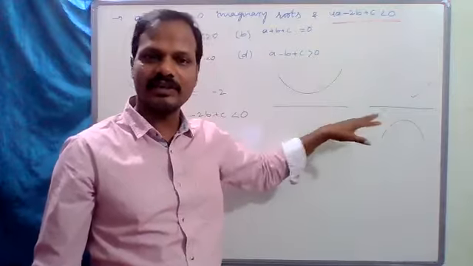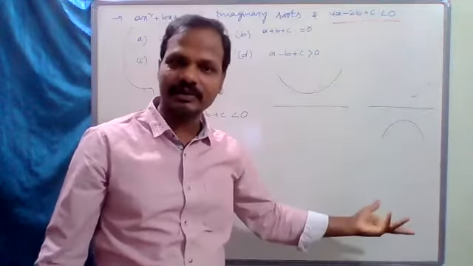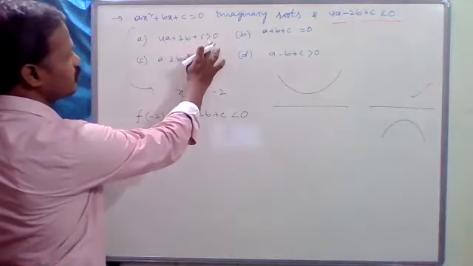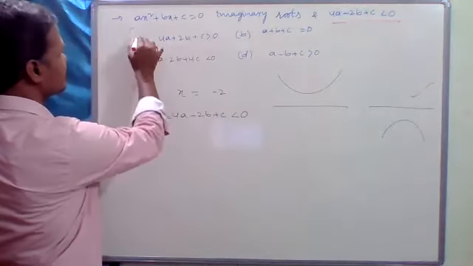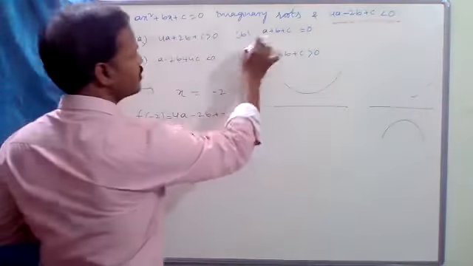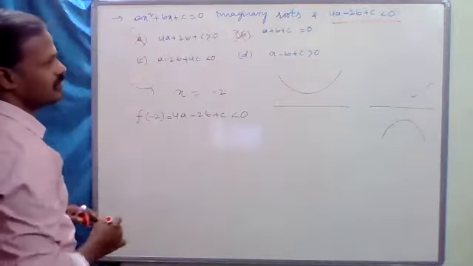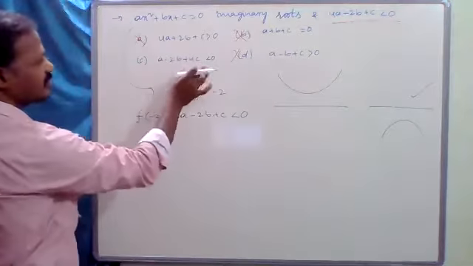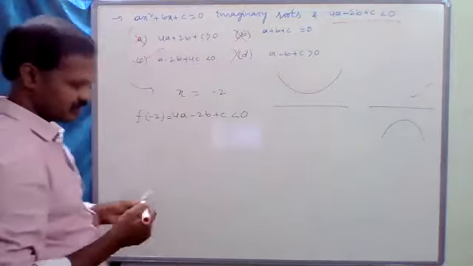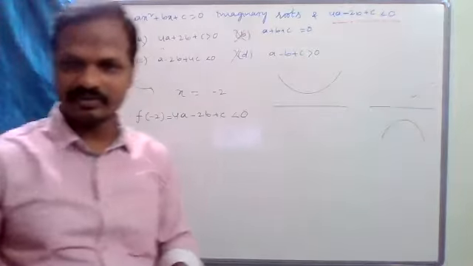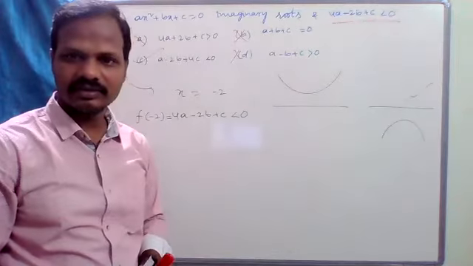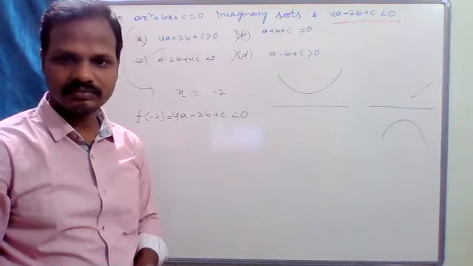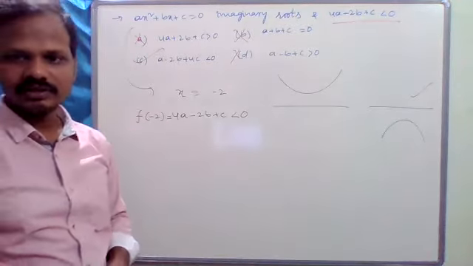This one is positive, so not possible. This is 0, not possible. And this is positive, so this is also not possible. The only one that is negative is true. Clear? Is it okay?